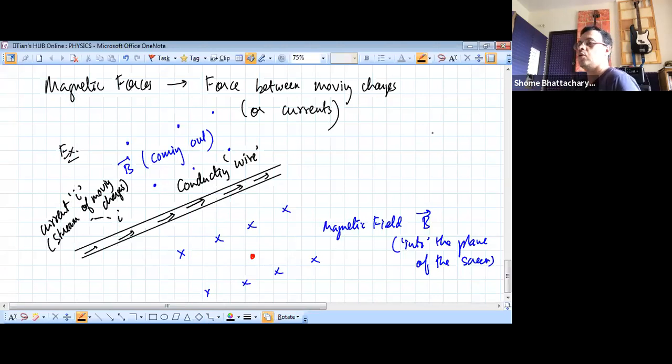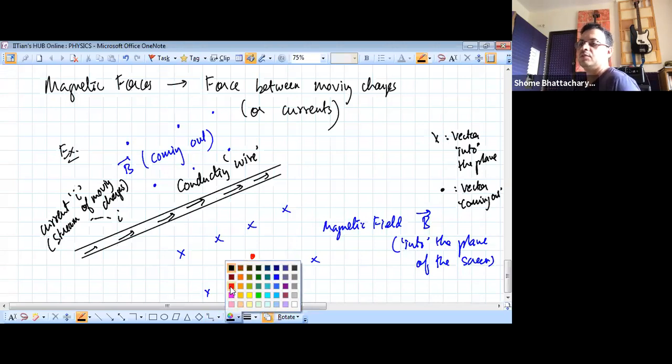So the cross sign stands for a vector into the plane. And similarly, the dot on that side represents a vector coming out of the plane, and you see the tip of the arrow, the head of the arrow from top. So magnetic field B into the plane of the screen. Into means going away from you.